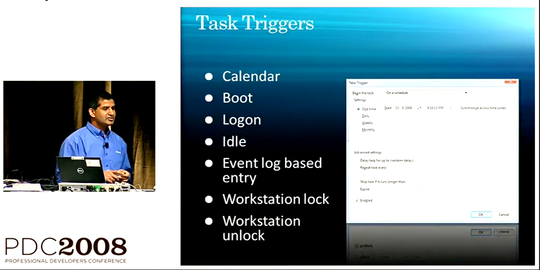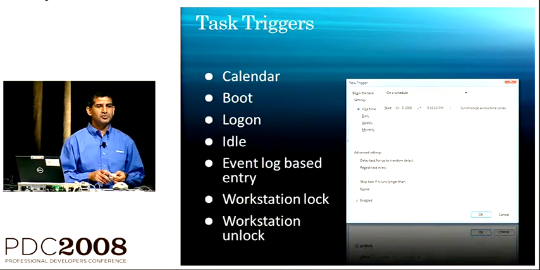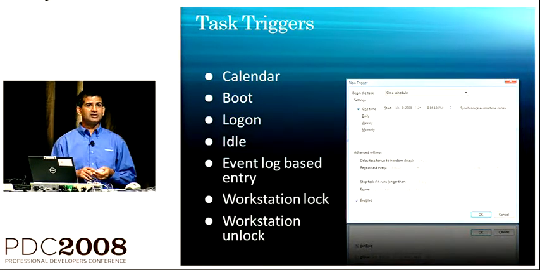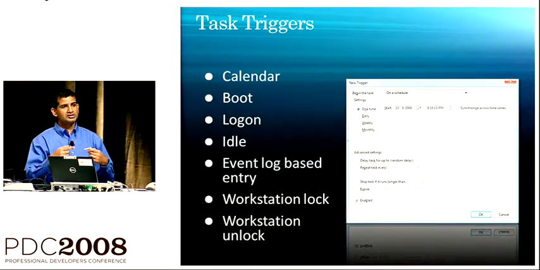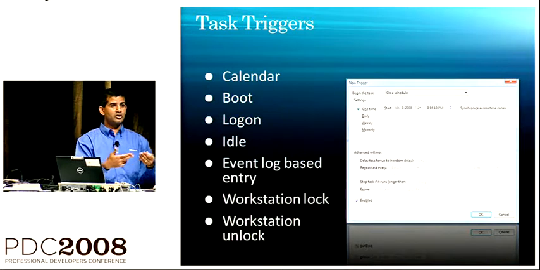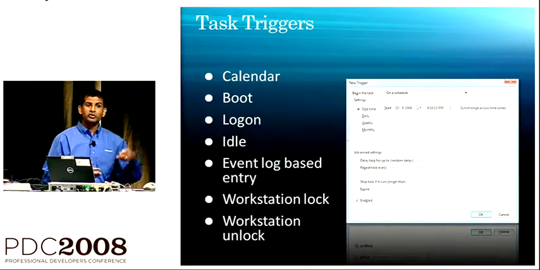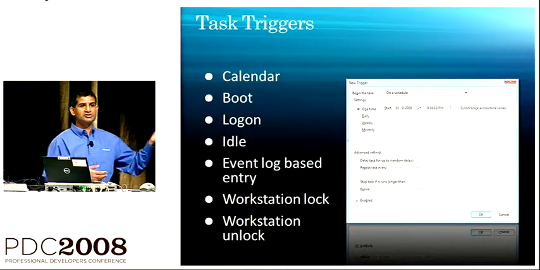The event log based entry is pretty useful for those cases where a service might trigger certain critical logging in the system, of warning type or error type, and maybe an admin wants to be notified the moment the service logs such an error.